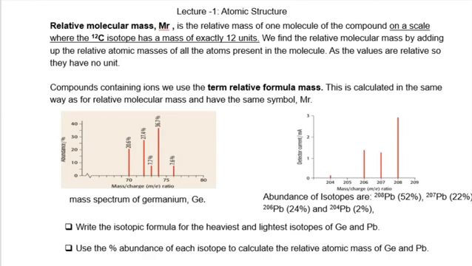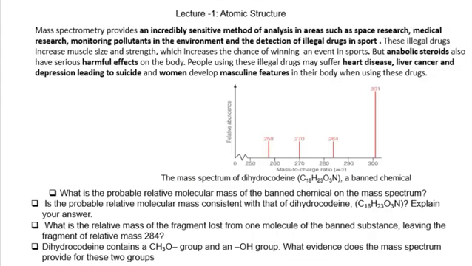And then use the percentage abundance of each isotope in the mass spectrum to calculate the relative atomic mass of germanium and lead. And then I showed this mass spectrum of a banned chemical and pointed out some problems to solve from the mass spectrum.